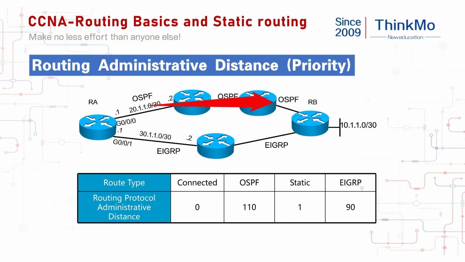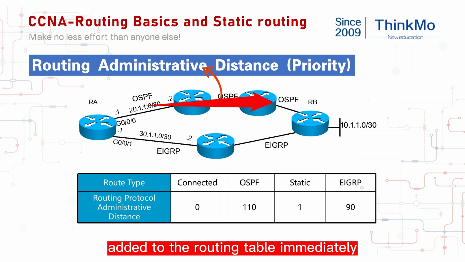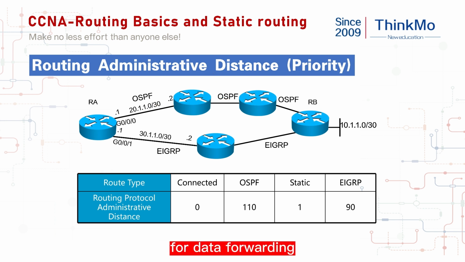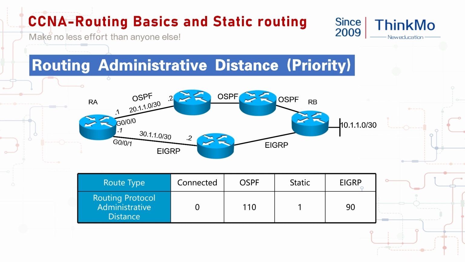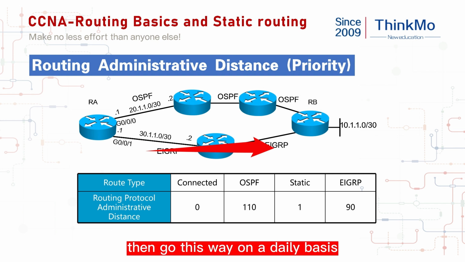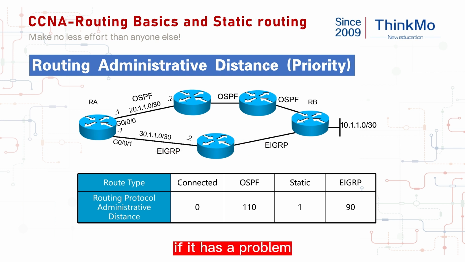Then it goes up, and this route will be added to the routing table immediately for data forwarding. It is a spare. That is, if EIGRP fails, OSPF will be added to the table. Normally go this way; if it has a problem, take the upper path.